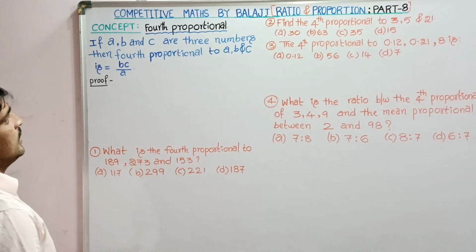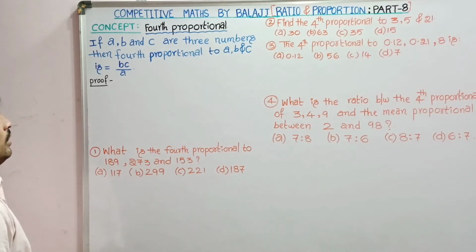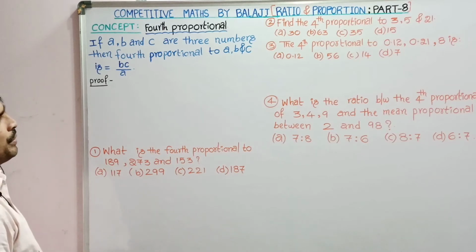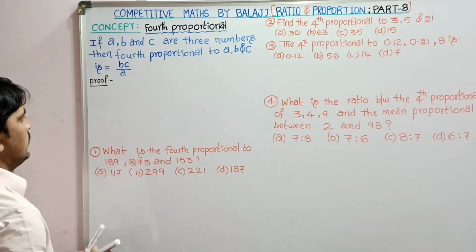The concept of the class is the fourth proportional. If a, b and c are three numbers, then the fourth proportional to a, b and c is bc by a.